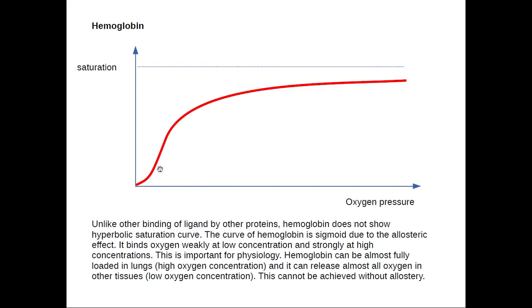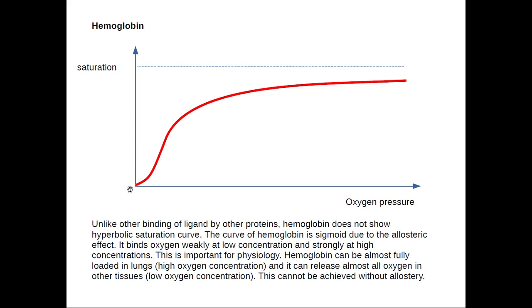So normally, if you have some protein, and this protein binds another protein or some small molecule, you obtain some kind of saturation curve. Naturally, at zero concentration of the ligand, there is zero saturation, and at a very, very high concentration, there is 100% saturation. Something similar is also in enzyme kinetics: if enzymes have no substrate, of course they do not catalyze any reaction, and if they have a very high concentration of substrate, they work at 100%.